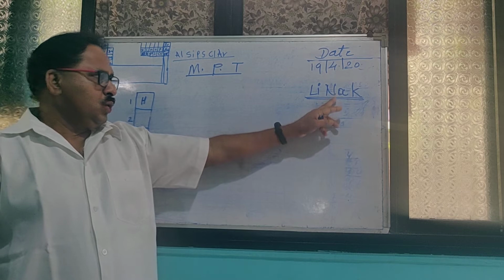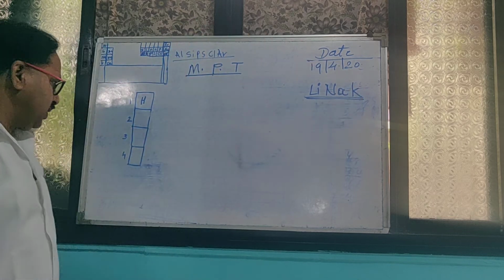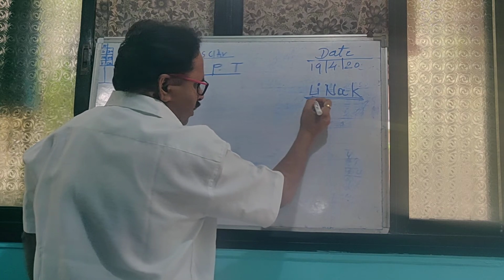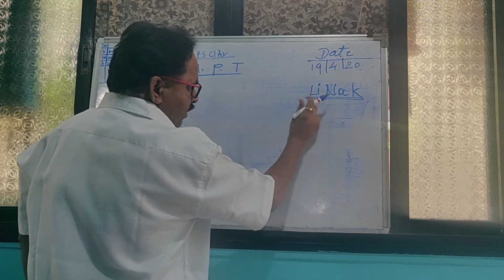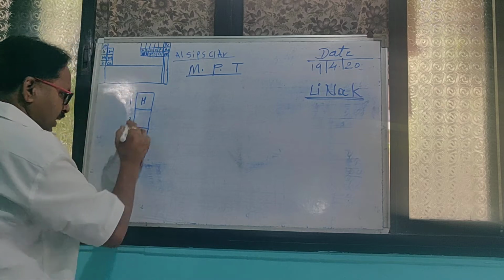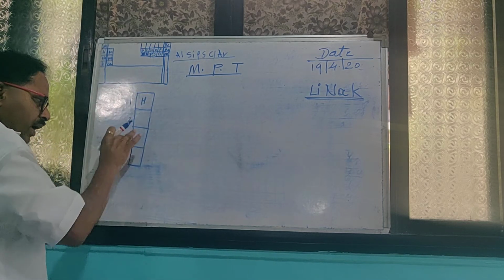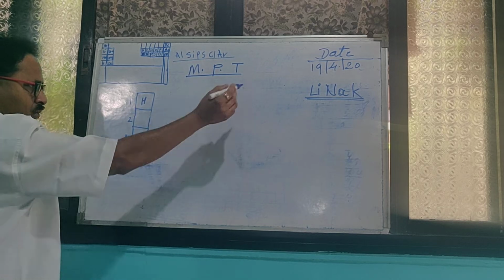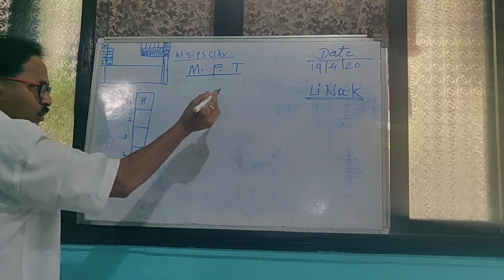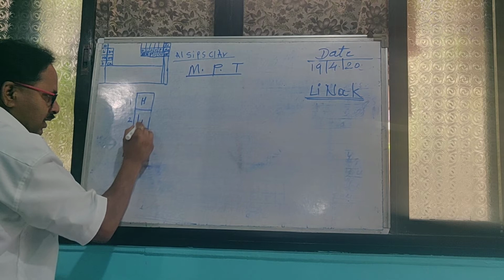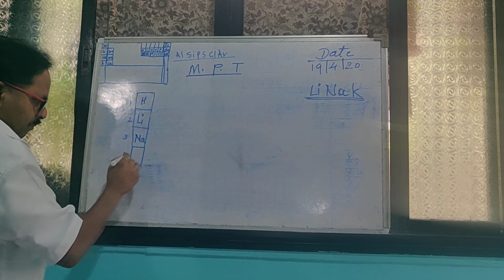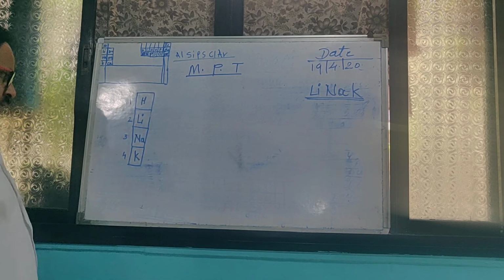I told you to remember the word Linak. For the first 4 periods, we will have to fill with the Dobereiner triad: lithium, sodium and potassium.